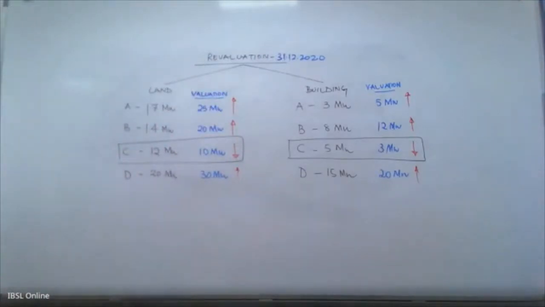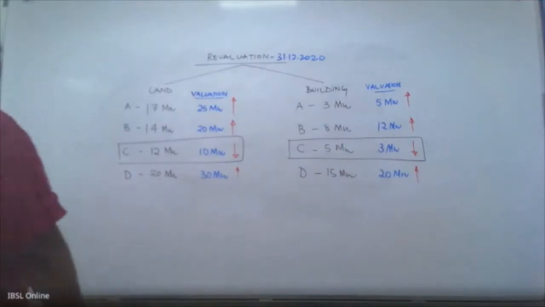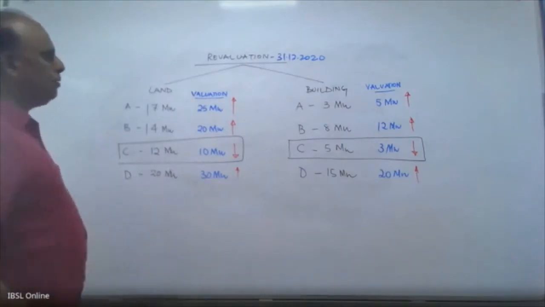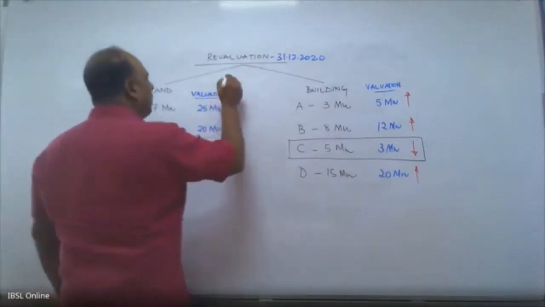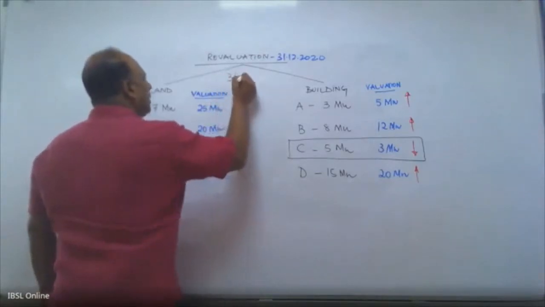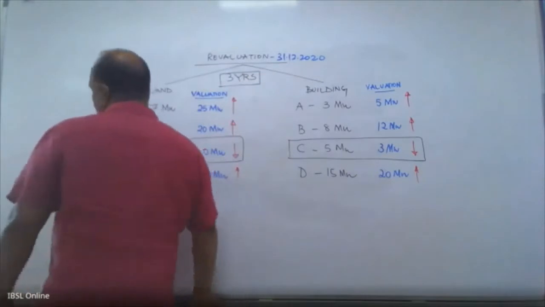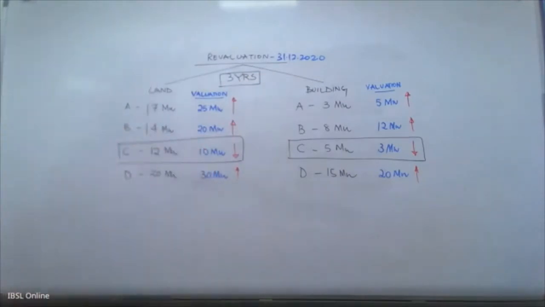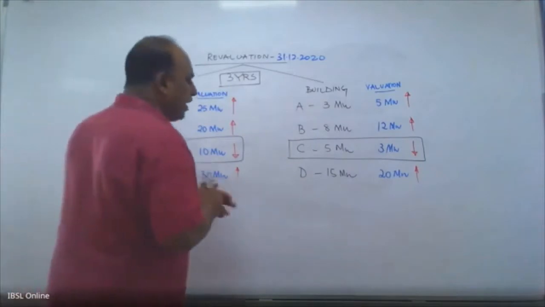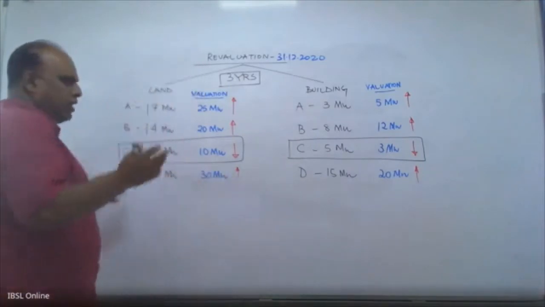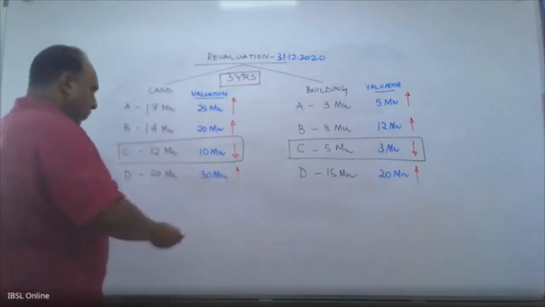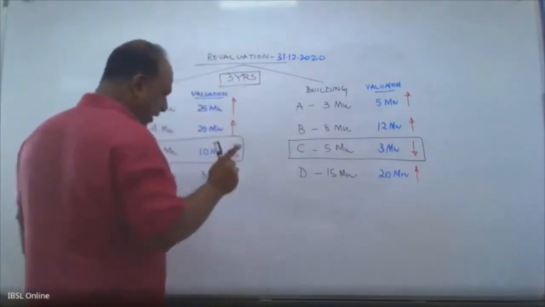Then secondly, the bare minimum valuation should happen once in 3 years. That is a must. But if you think the values of the land and buildings are changing every other year because the market conditions are such, then you have to do the valuation every financial year.